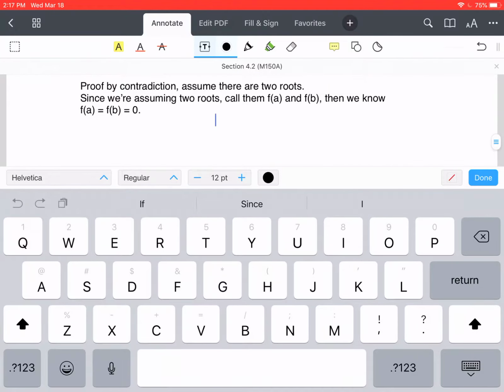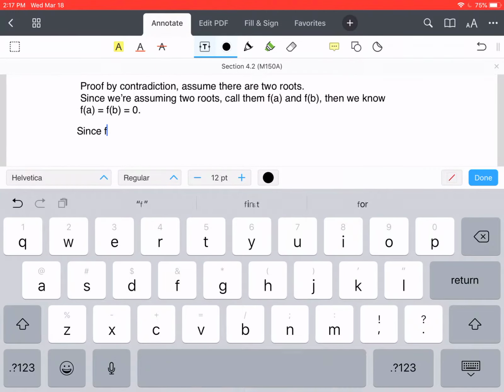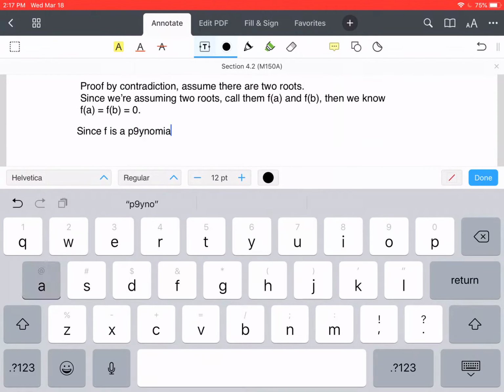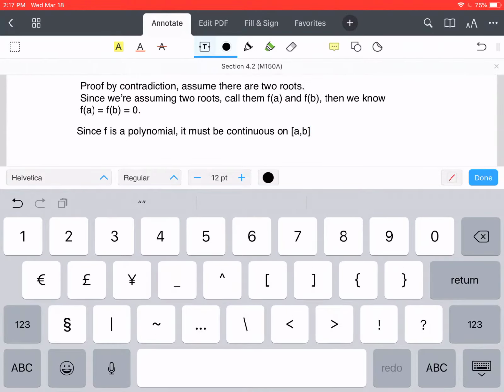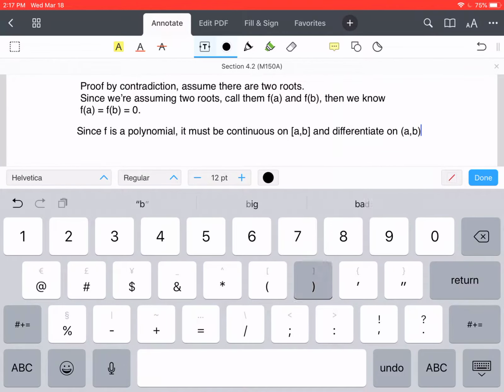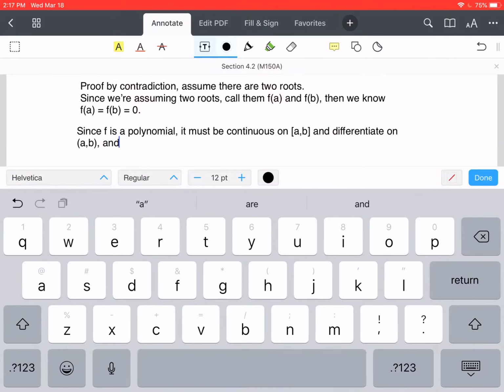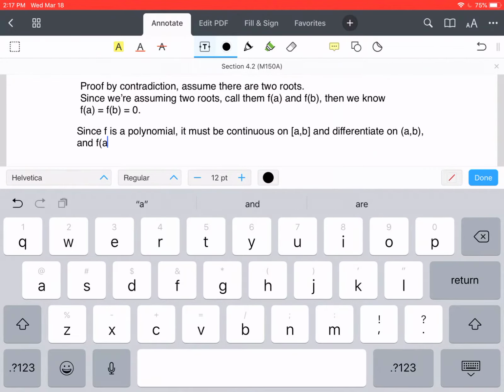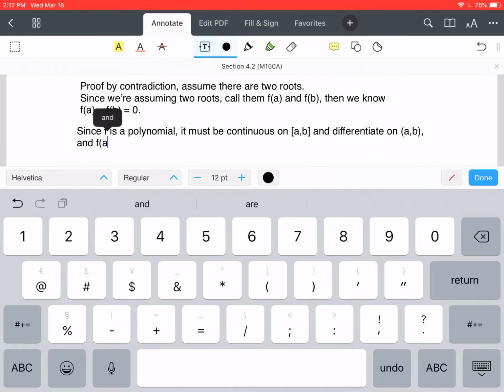So since f is a polynomial, it must be continuous on the closed interval from a to b, and differentiable on the open interval from a to b, and f of a equals f of b.